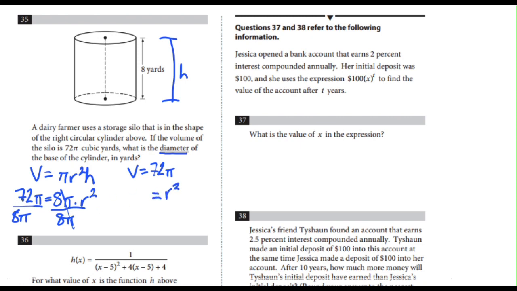And on the right side, 72 pi divided by 8 pi is going to be 9. Now, to get r by itself, we can take the square root, and we'll get that r equals 3. If the radius is 3, the diameter is going to be double. So that means the diameter equals 6. We can say 6 yards, but since this is a bubble in, we're just going to write 6.